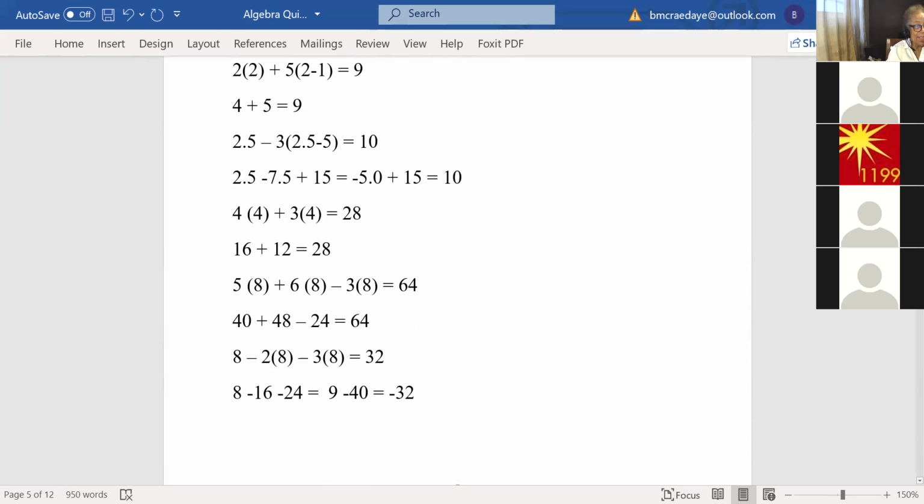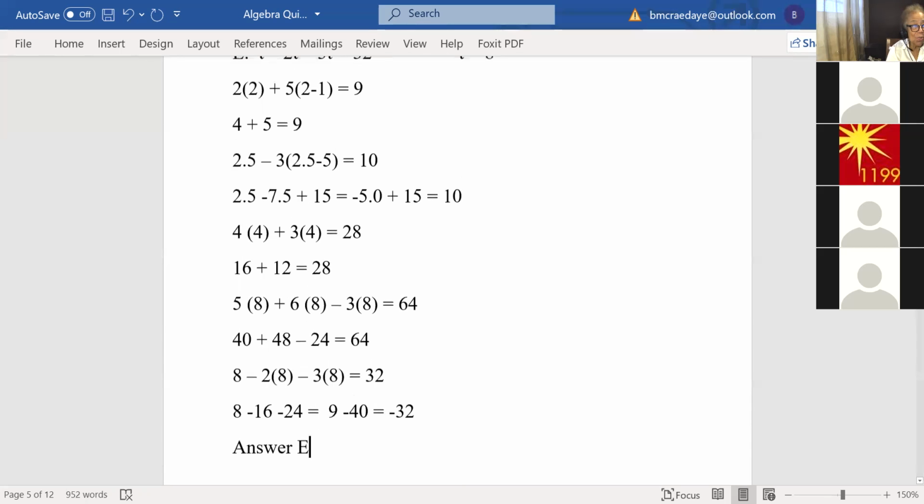So we see that's the incorrect one, because it said positive 32, but it's a minus 32.